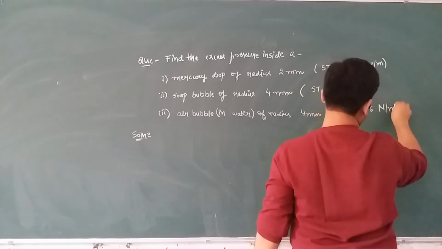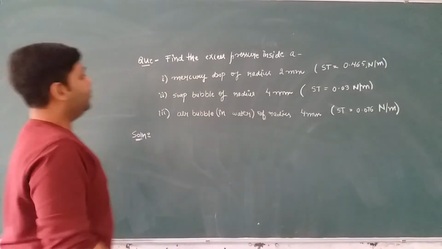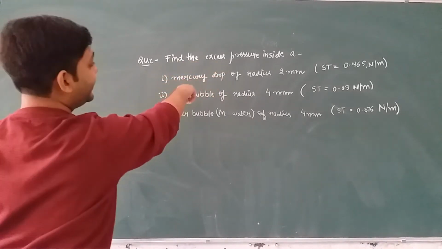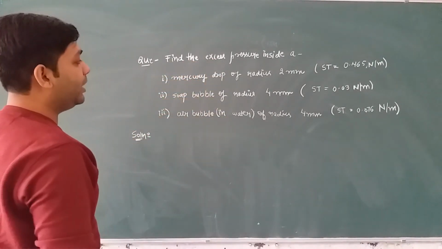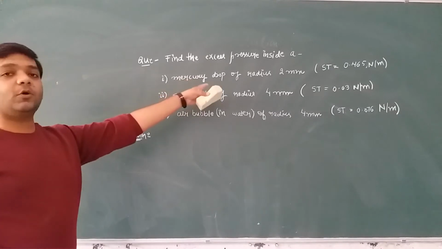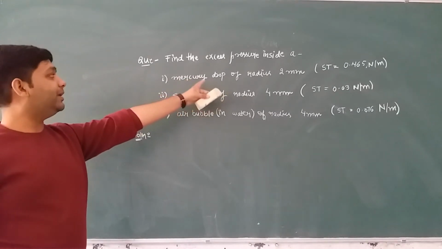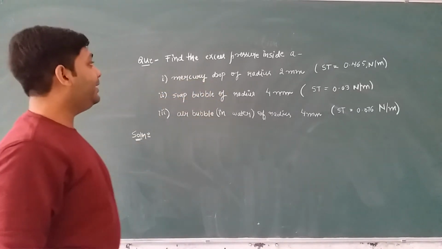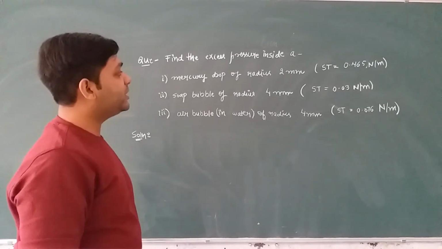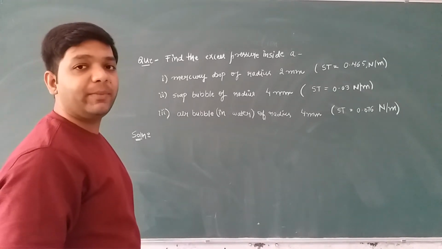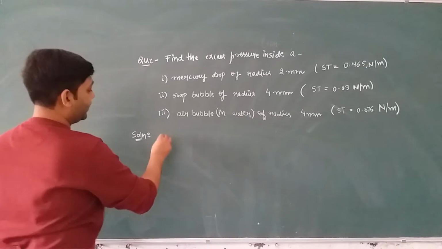Okay. Now, what is the excess pressure inside a mercury drop of radius 2 mm? So this case is a case of liquid drop, and the liquid here is mercury. In that case, the excess pressure inside a liquid drop is given by 2T upon R, right?